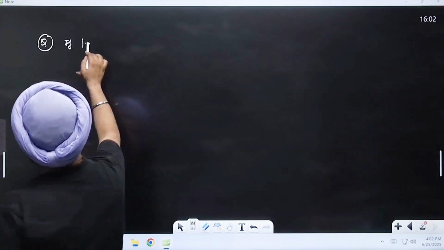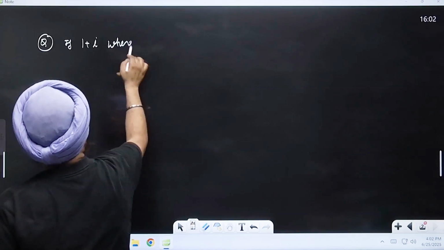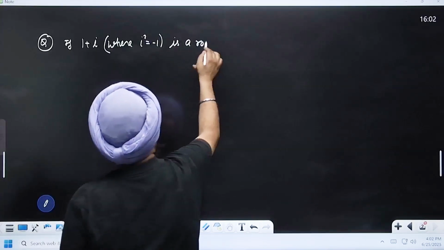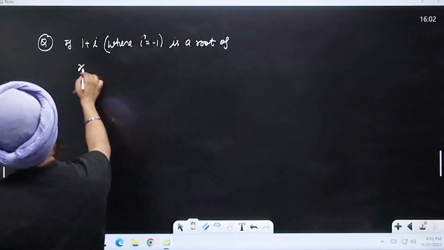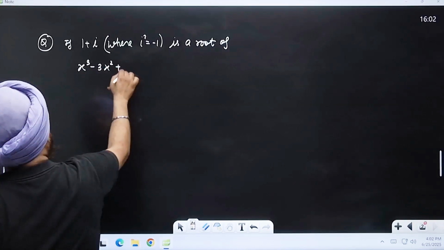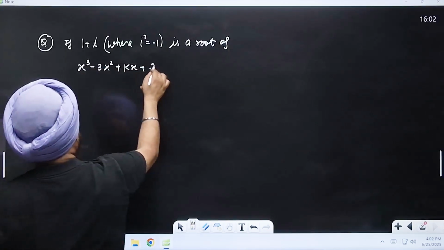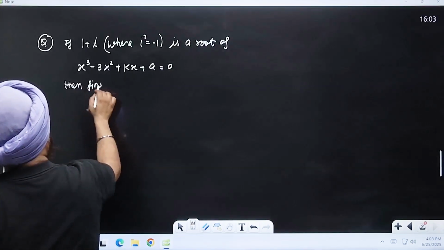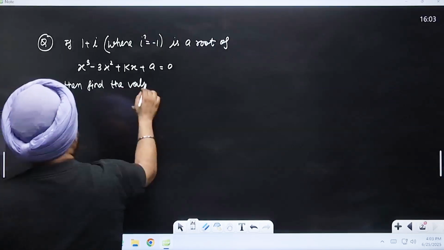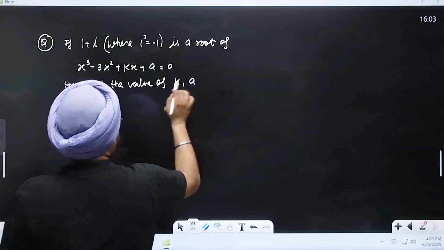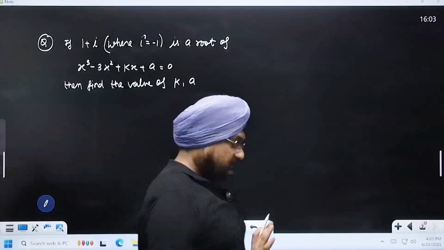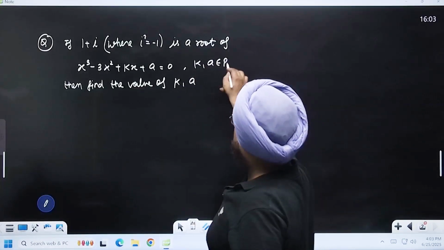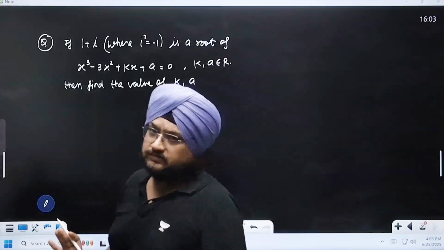If 1 plus i, where i square is equal to minus 1, is a root of x cube minus 3x square plus kx plus a equal to 0, then find the values of k and a. See, in this problem we are given that k and a are real numbers, otherwise we won't be able to solve this problem.